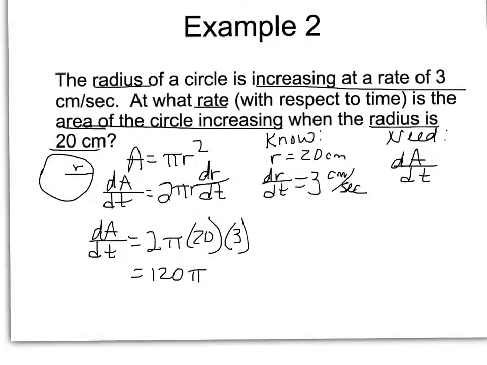And the units: 20 was in centimeters, and 3 was in centimeters per second, so I've got centimeters squared per second.